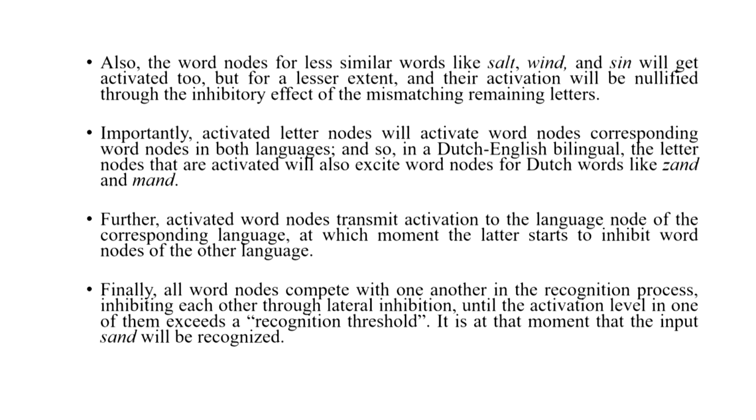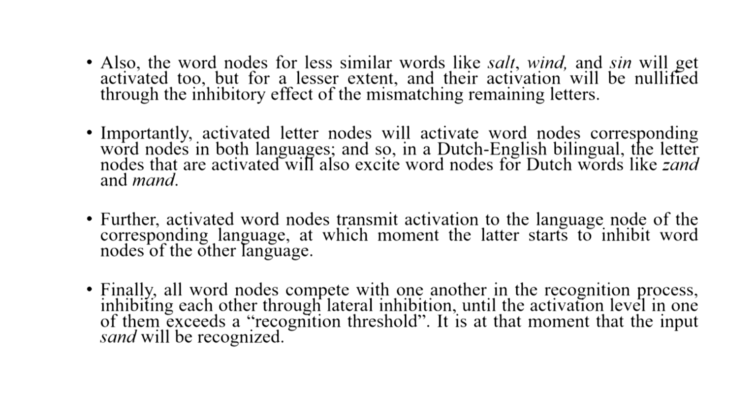Importantly, activated letter nodes will activate word nodes corresponding to both languages. So, in a Dutch English bilingual, the letter nodes that are activated will also excite word nodes for Dutch words like zand and man, and in English we have seen hand, sank, etc. getting activated. These activated word nodes going further will transmit activation to the node of the corresponding language, at which moment the latter starts to inhibit word nodes of the other language.